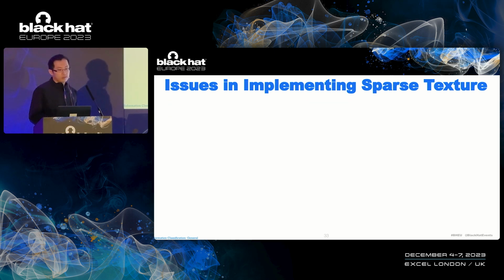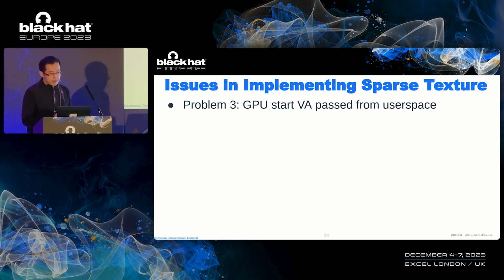The third problem is due to the start GPU virtual address supplied to the GPU kernel function. In theory, the OpenGL context implemented by the graphics vendor libraries keeps track of the starting address of the GPU virtual memory used for the sparse texture.